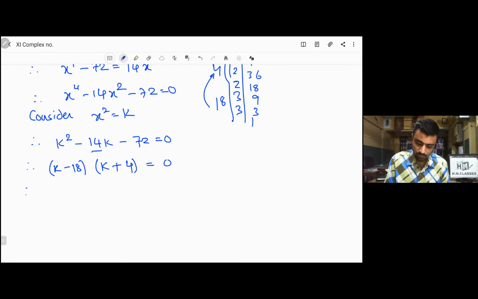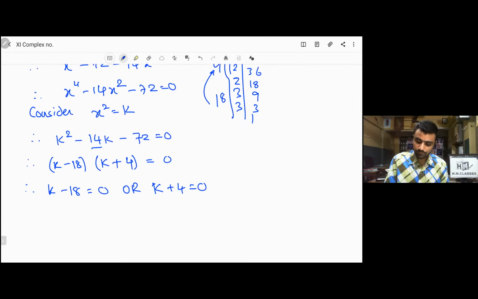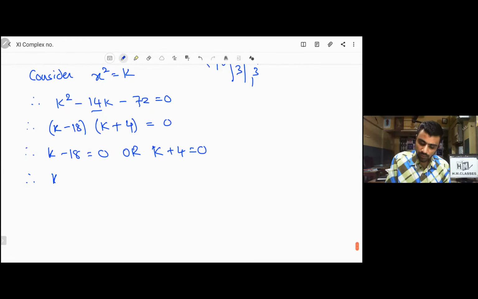So these are the factors. So k minus 18 is equals to 0, or k plus 4 equals to 0. Therefore k is equals to 18, or k is equals to minus 4.